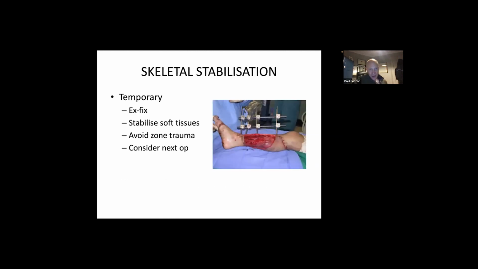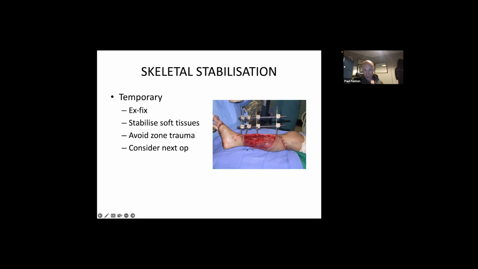As well as temporary wound stabilization, we also need temporary stabilization of the bone or the fracture. In nearly all cases, that would be with an external fixator, just a simple monolateral X-fix as shown here. You can see this is clearly a wound that can't be closed. That's going to need something clever to reconstruct it, so this team is going to come back another day.